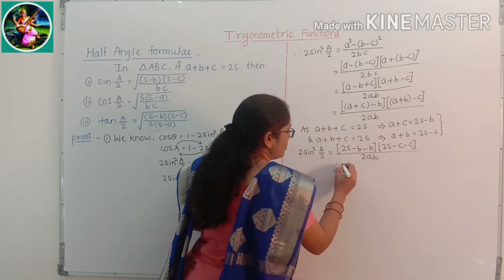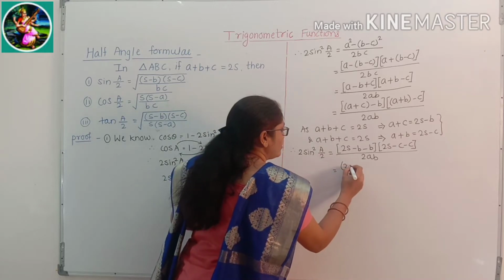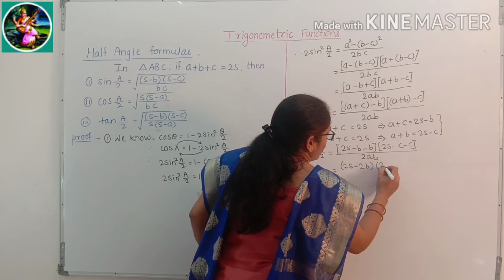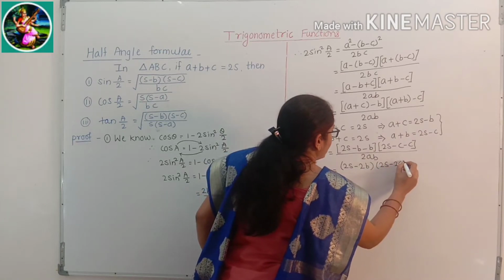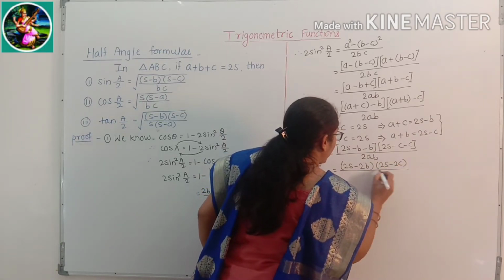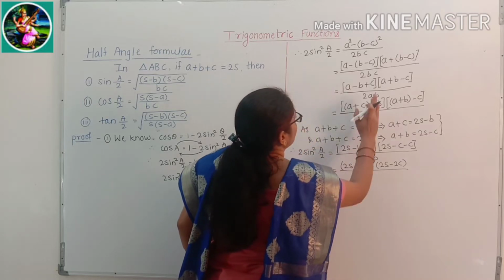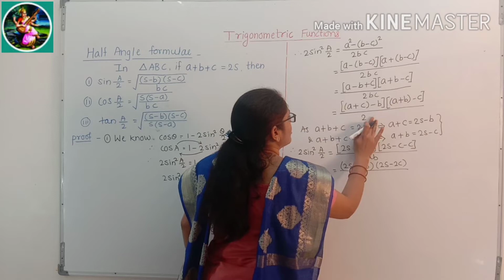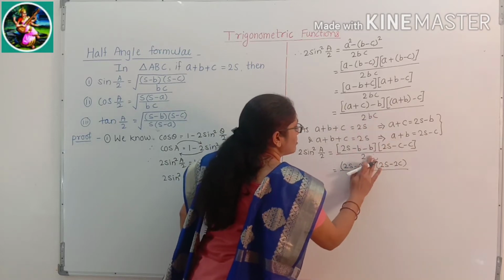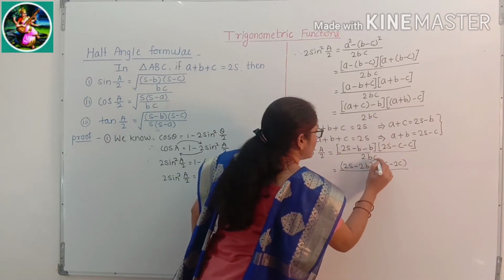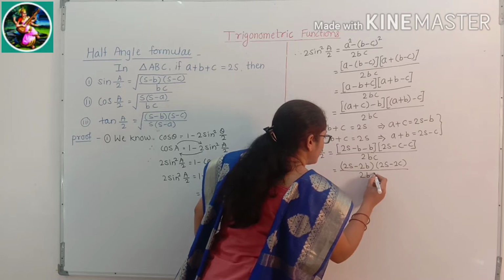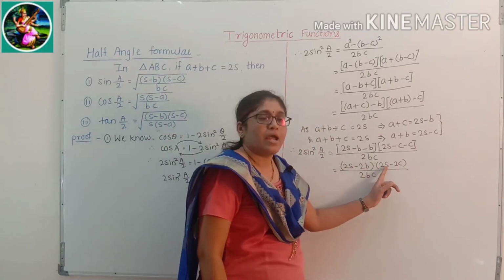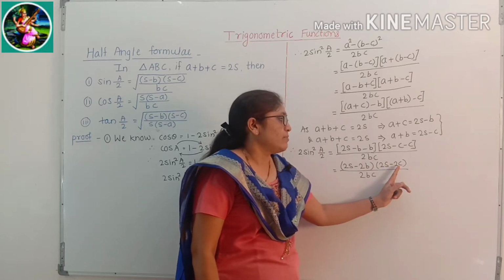That is equal to 2s minus 2b into another bracket 2s minus 2c divided by 2bc. Here we take 2 common from the first bracket and 2 common from the second bracket.